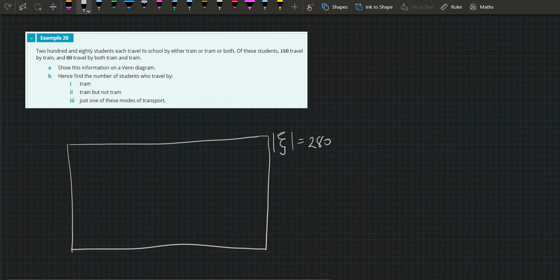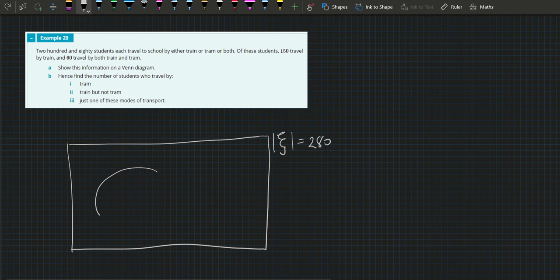And of these students, 150 travel by train. And okay, so 280 students travel to school by either train or tram or both. Okay, so there's no one who doesn't.